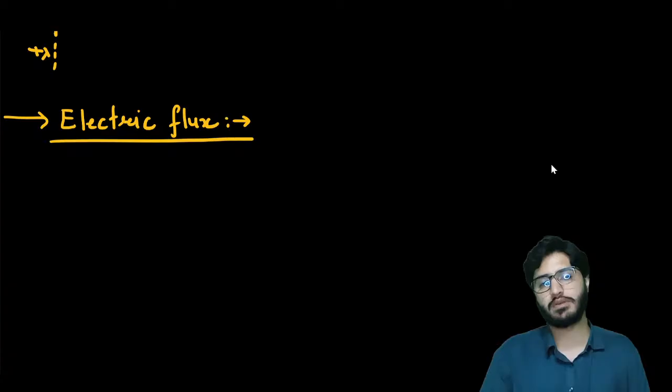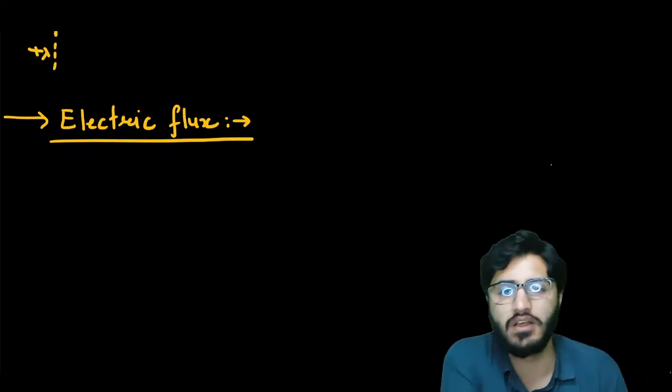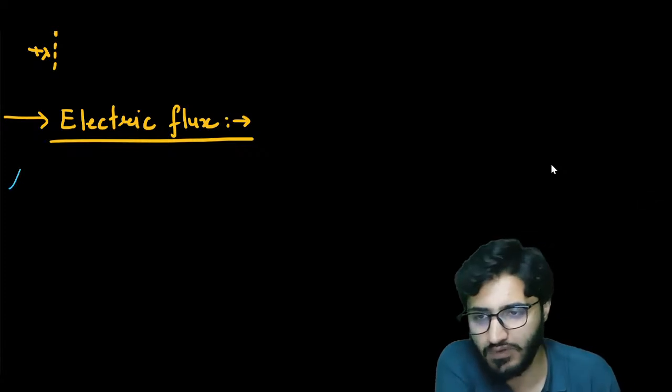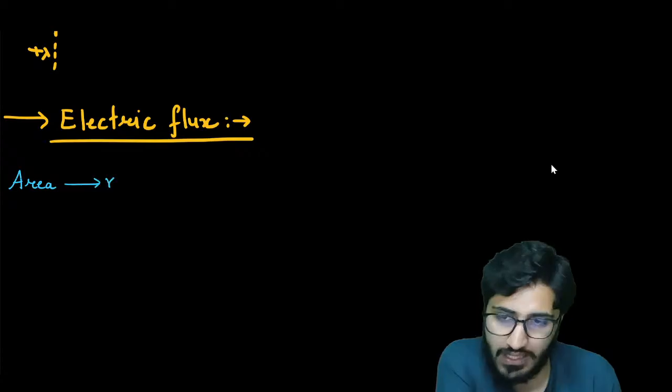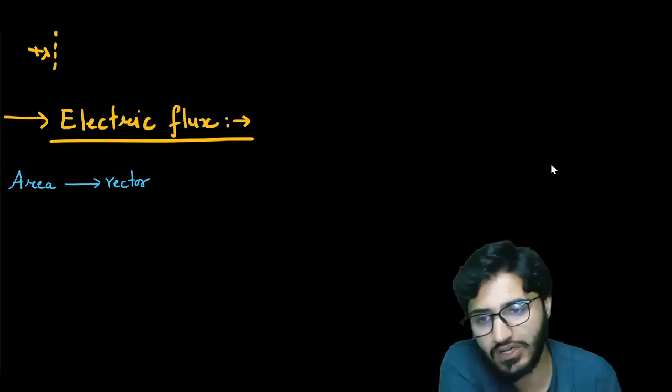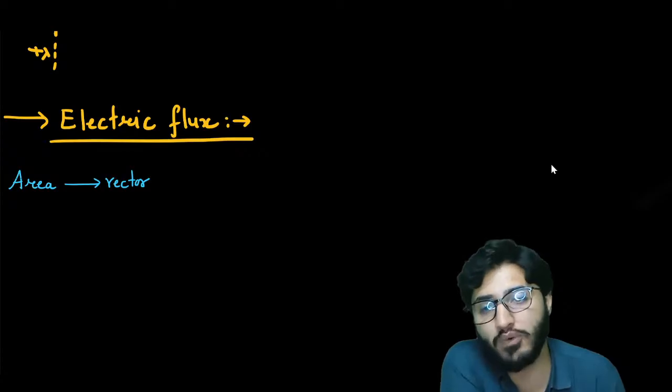Basically, area is a vector quantity, so we will treat area as a vector quantity. We can find its magnitude, but what about the direction?